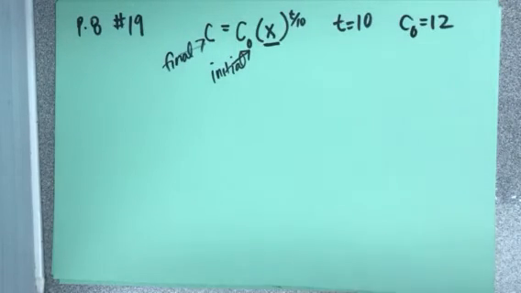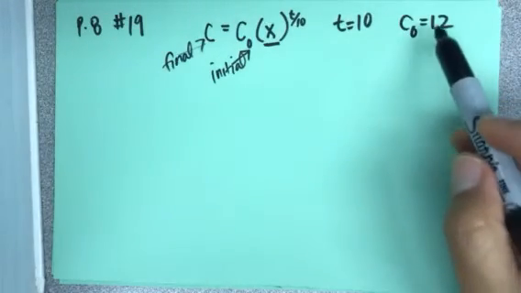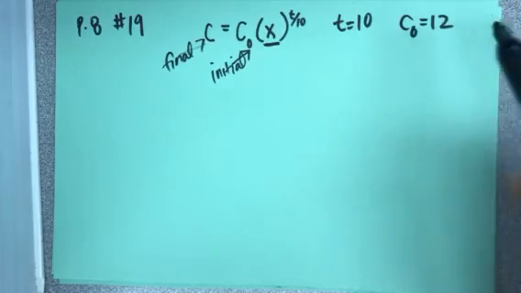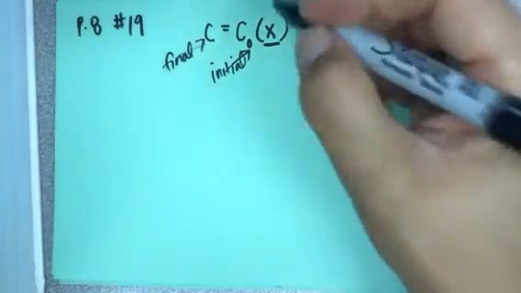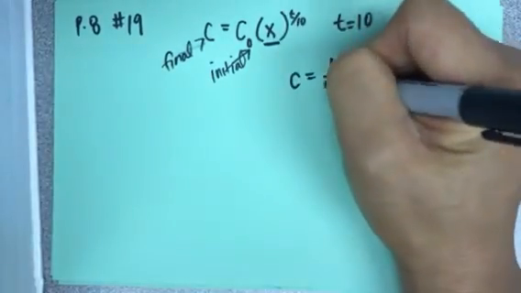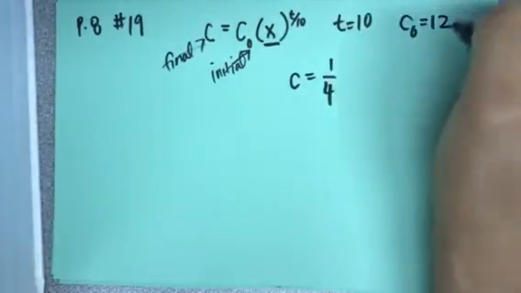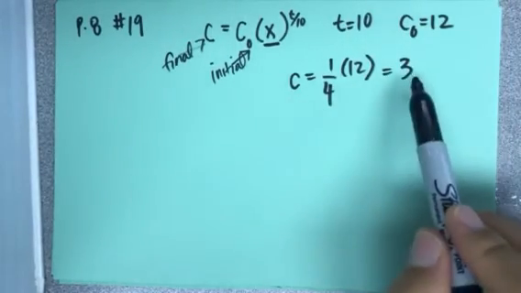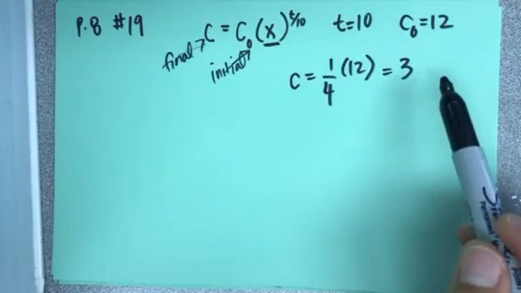It does say that every 10 years, the concentration, and this is the initial concentration, is going to be 1/4 of what it was at the start. So the concentration is going to be 1/4 of 12. Therefore the concentration is going to be 3.